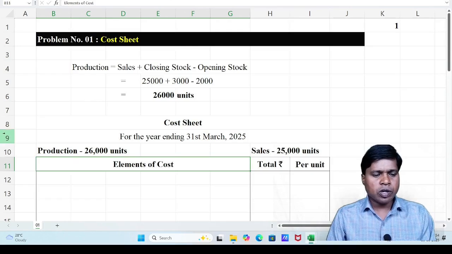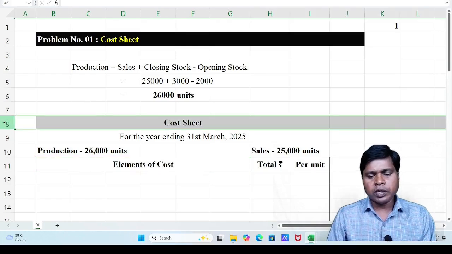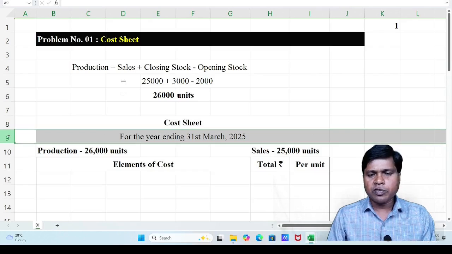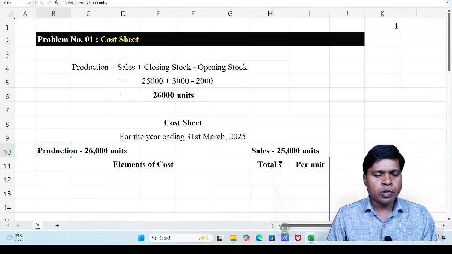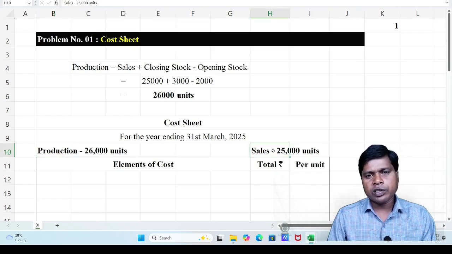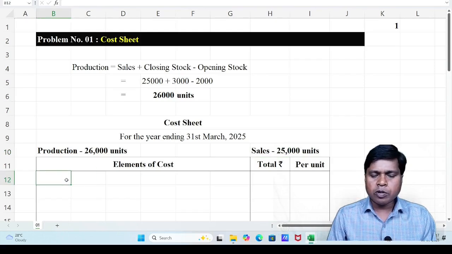After marking we can start the application of the cost sheet or cost statement. You can see on screen the cost sheet format is ready. We can say cost statement also for the year ending 31st March 2025 as per the given question. Then I have mentioned here production in the left hand top corner, 26,000 units, and sales 25,000 units during the year. Then elements of cost column, total rupees column and per unit column.